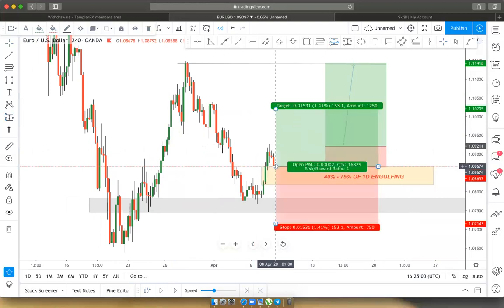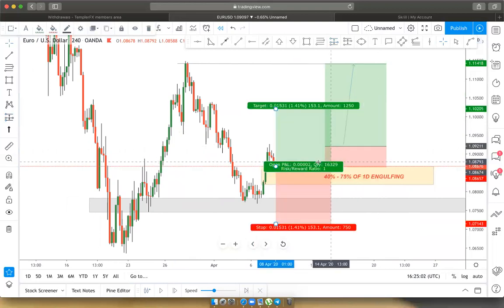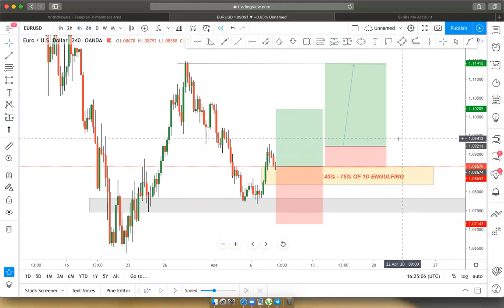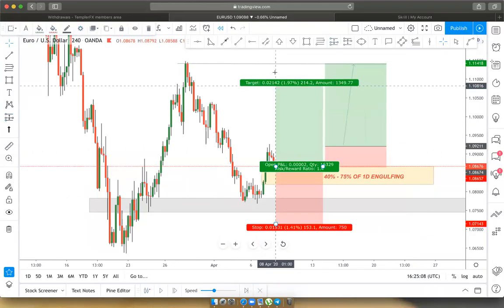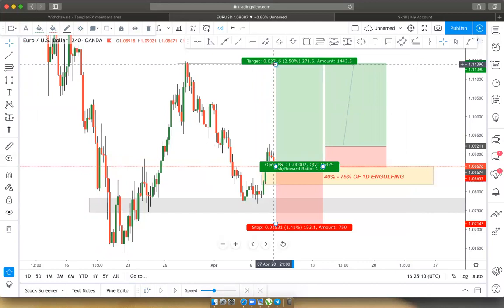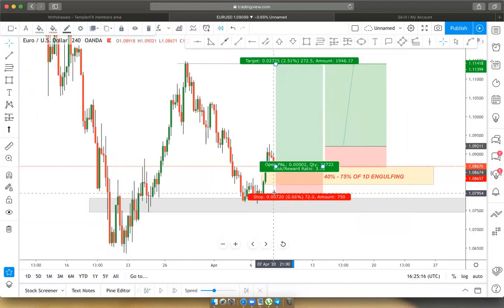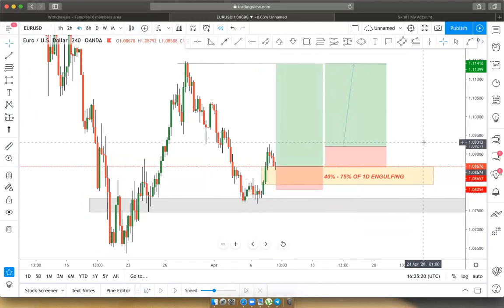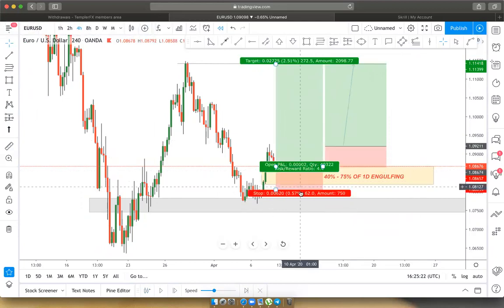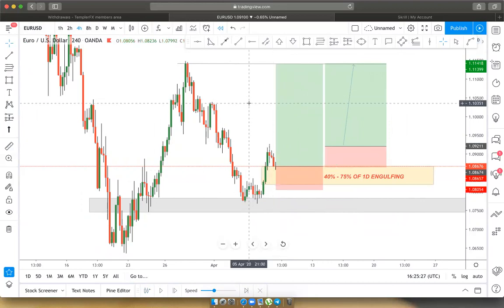I called the trade while the price was at these levels, and our target was supposed to be at the highest point in this 4-hour chart. Then our stop loss was below this, it was 60 pips. Our target was supposed to be 270 plus pips.